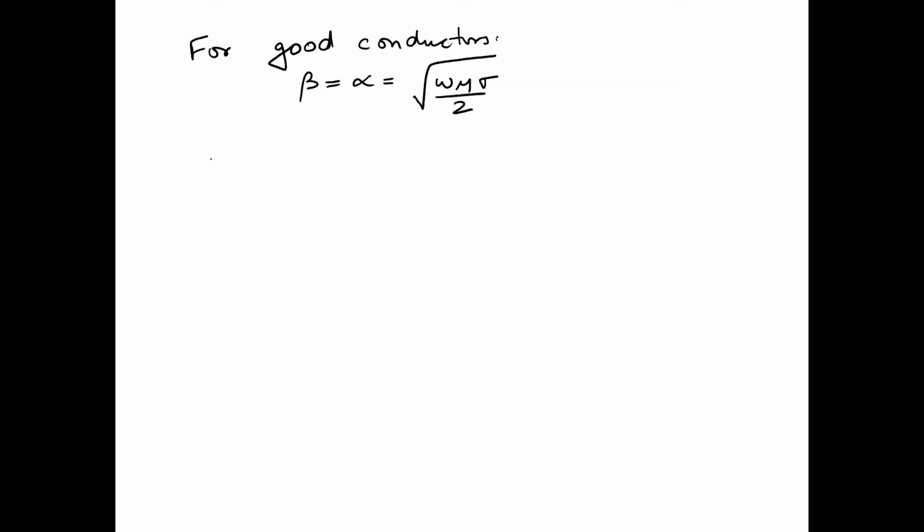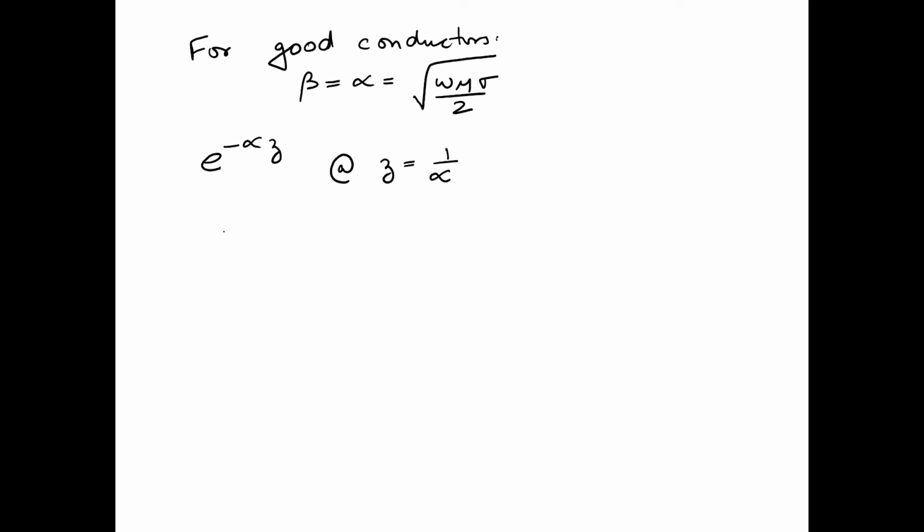If I have this wave traveling as e to the minus alpha z, then we look at z is equal to 1 by alpha.